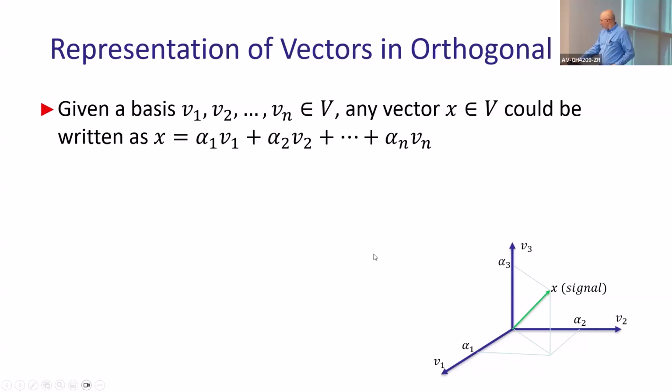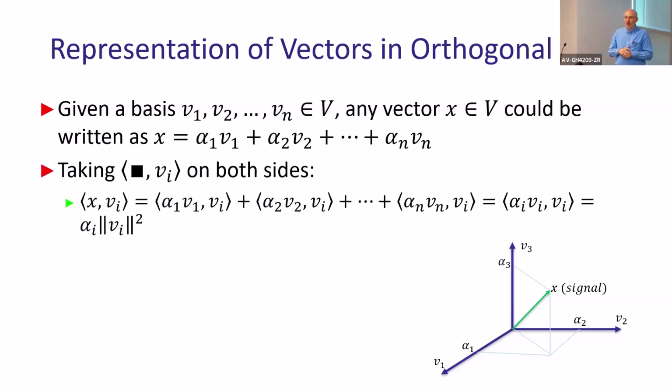Now, you can think about all of these values as projections of that vector onto the basis vectors, right? You're just doing perpendicular, or orthogonal, projection onto these basis vectors. That's it. And here's how you can think about that. You just take the inner product with v_i on both sides of the previous equation, and let's see what happens.